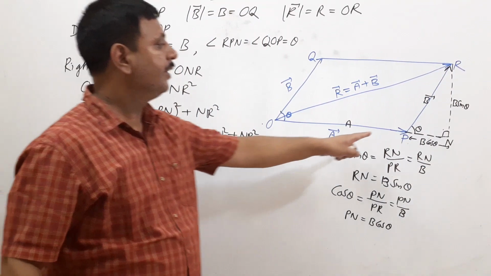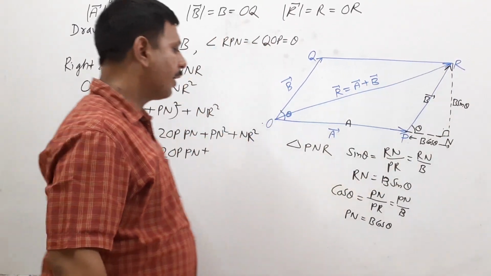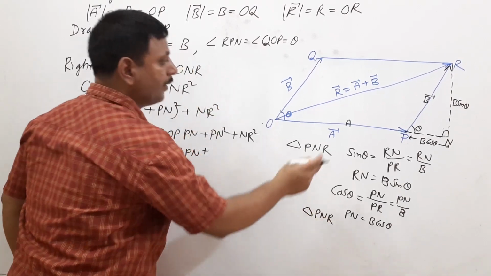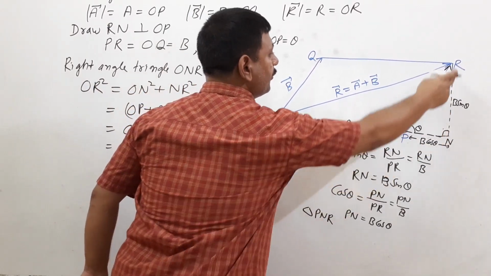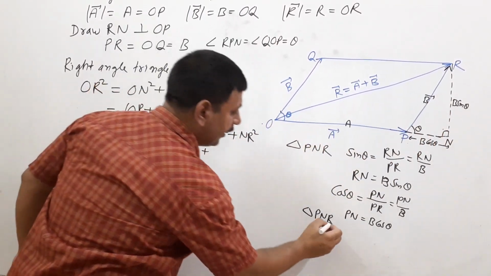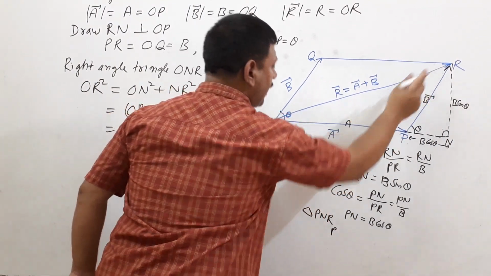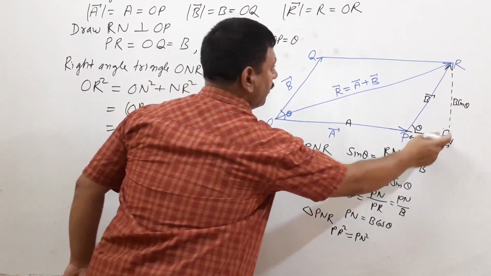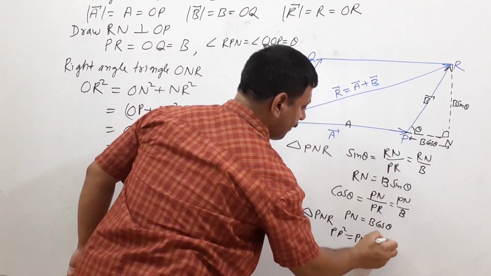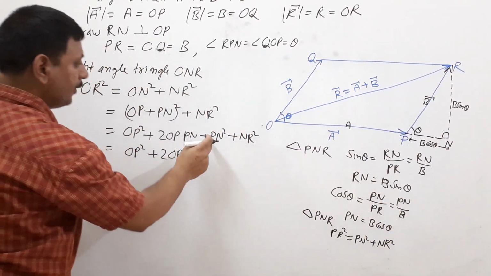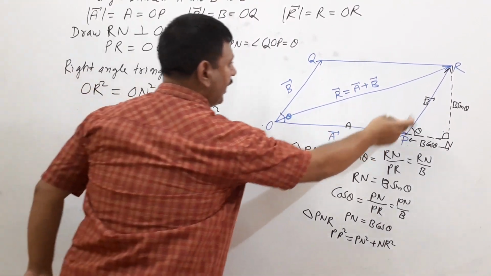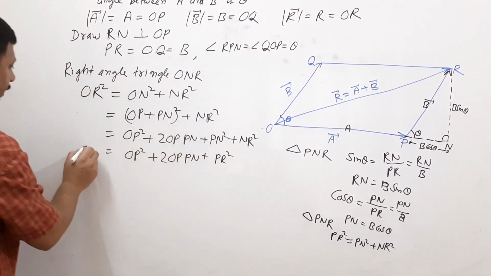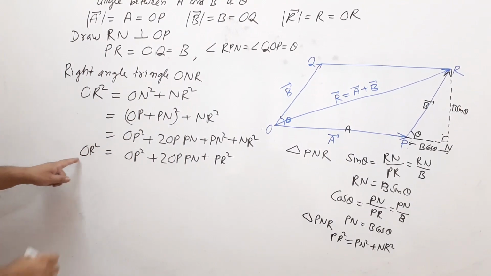If you see here, in triangle PNR, hypotenuse square is equal to base square plus side square, that is PR square is equal to PN square plus NR square. So PN square plus NR square you can write PR square.